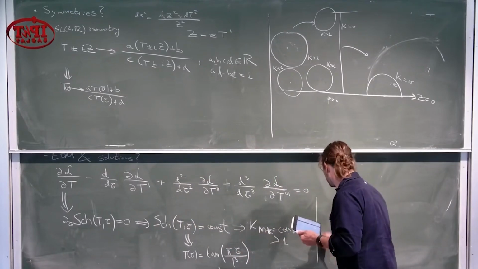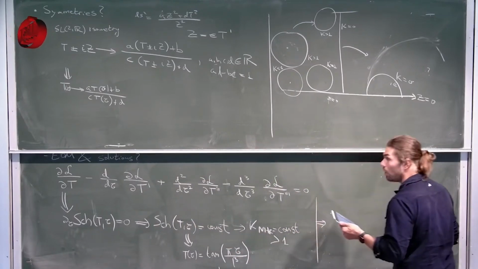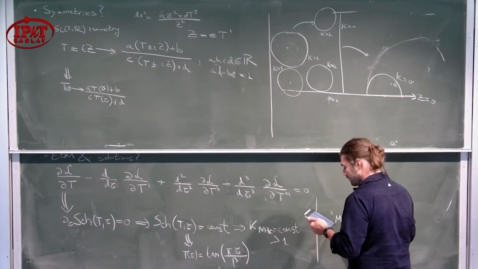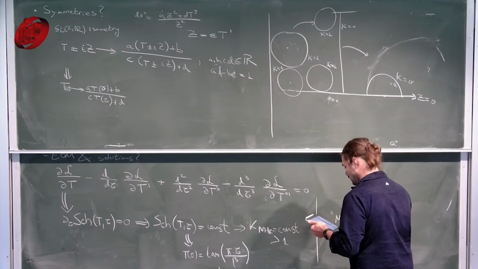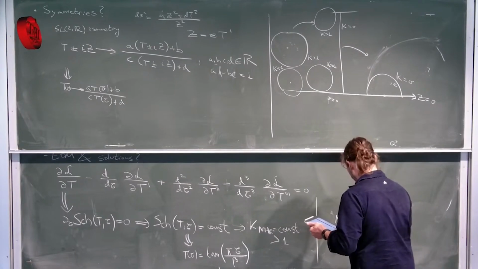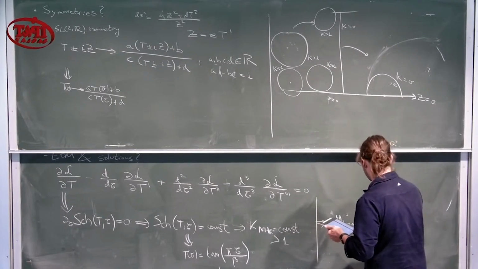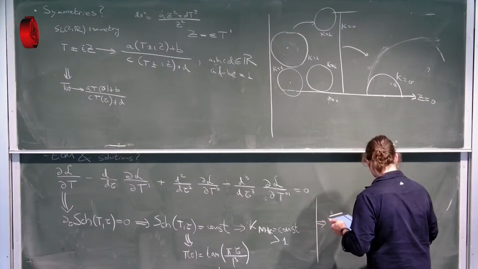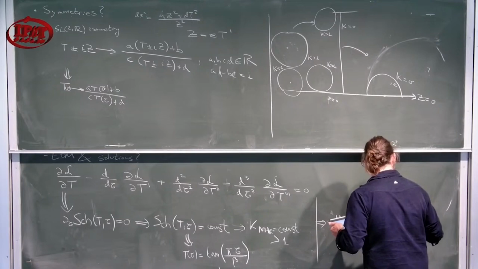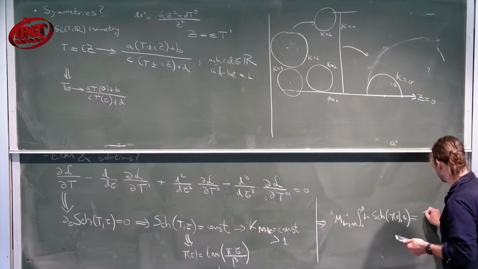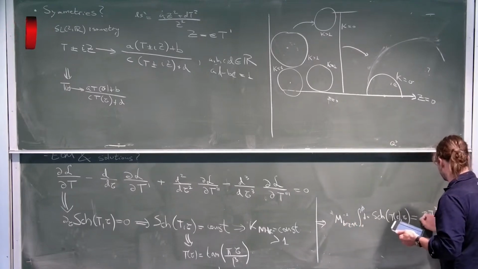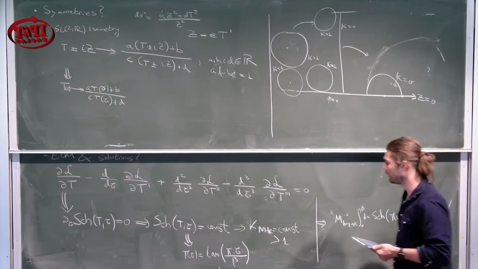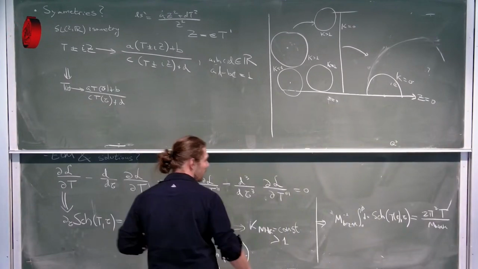So plugging this into the action, one finds that the Schwarzian term evaluates to just 2 pi squared t over m break. So essentially, you just plug this back in here.